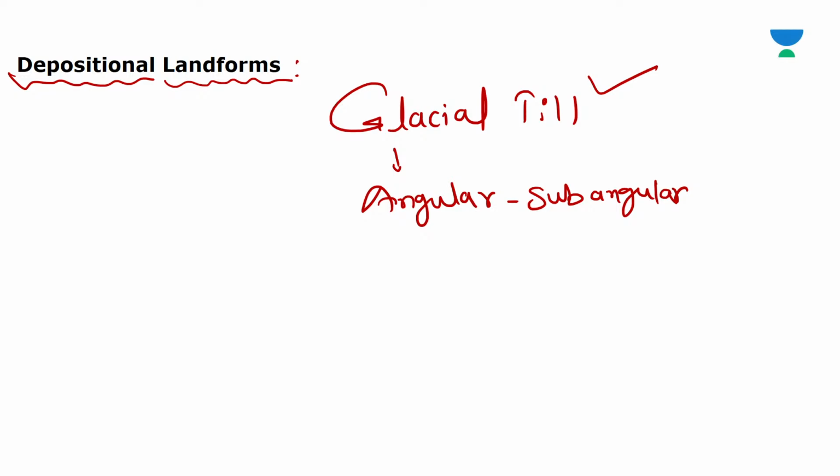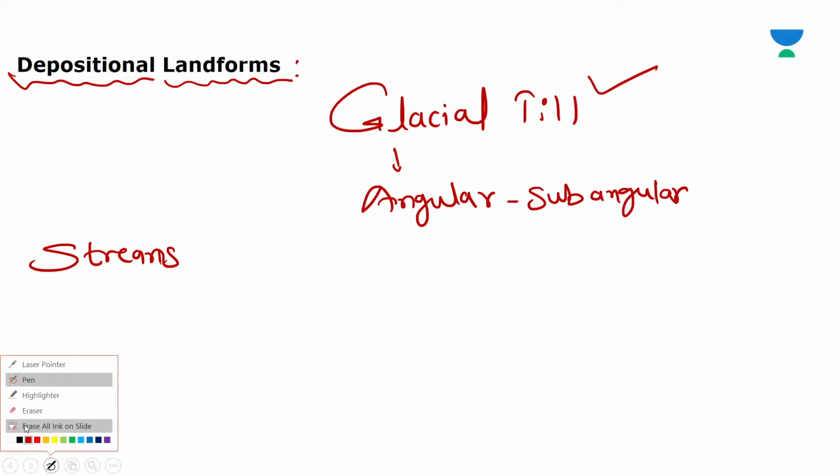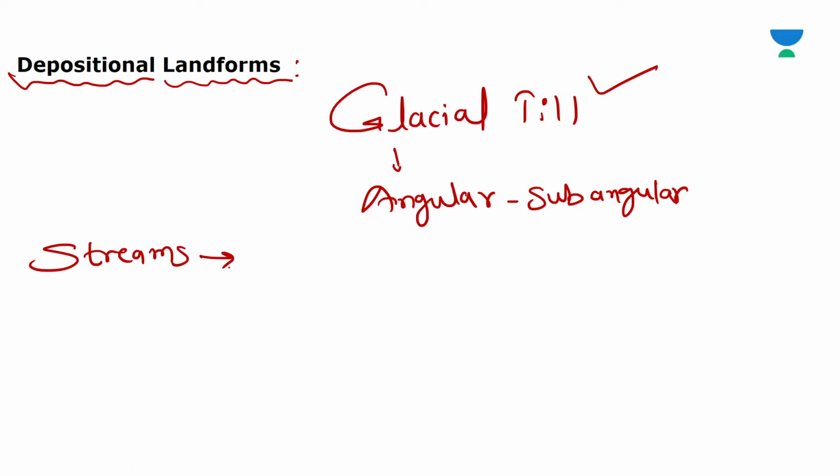So streams formed by melting ice at the bottom, sides or lower ends of glaciers.